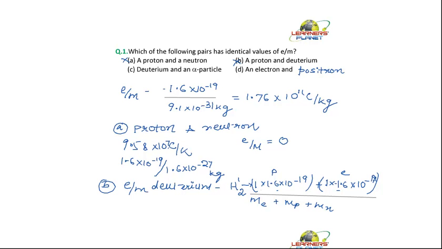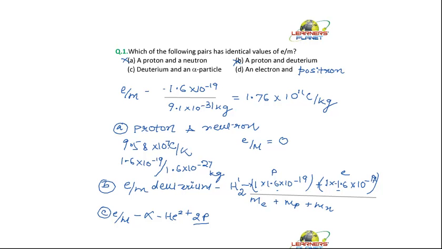Now we have got, students, the third option. Again I told you that deuterium is neutral and alpha particle has 2 protons. Can you tell me what is the e by m, or specific charge, of an alpha particle? What is an alpha particle? Alpha particle is a helium nucleus, He2 plus. It has how many protons, students? It has 2 protons.